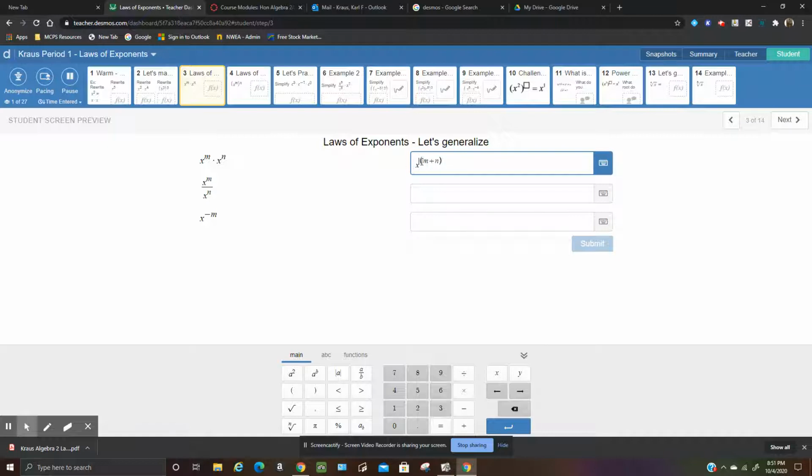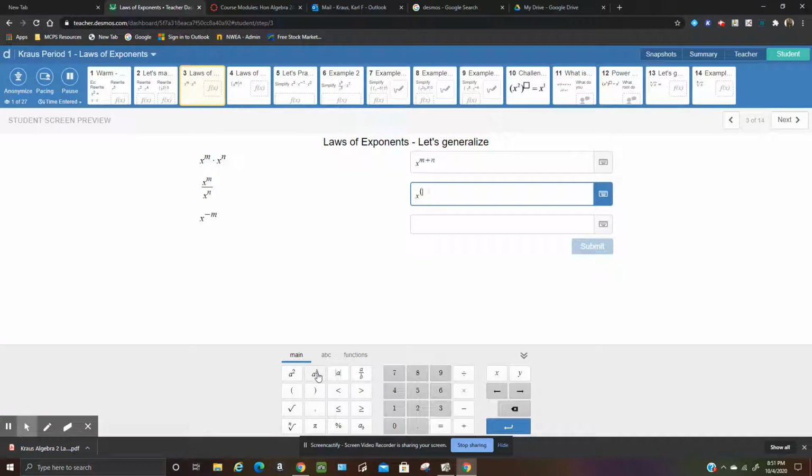See if I take this away, if it will stay. Yeah. And this is x exponent m minus n. And this is 1 over x to the m.